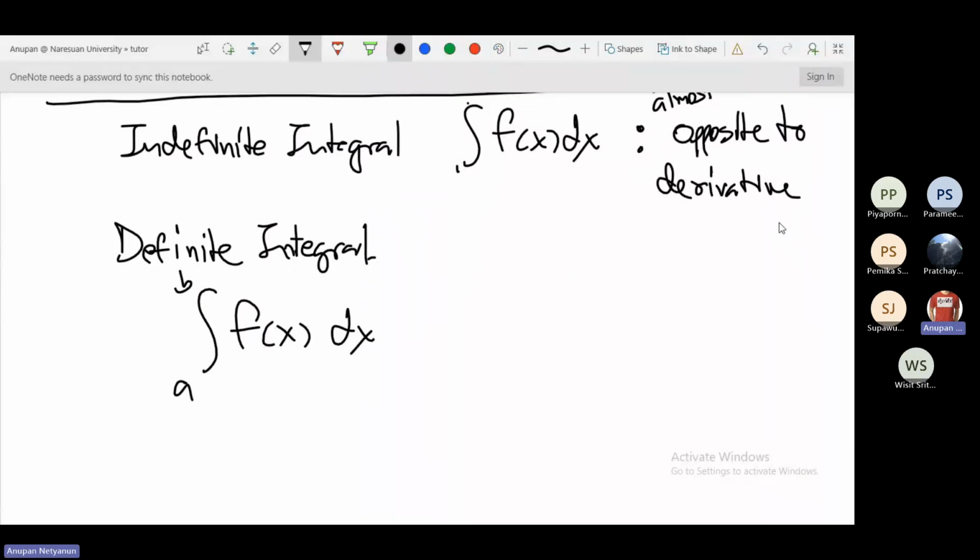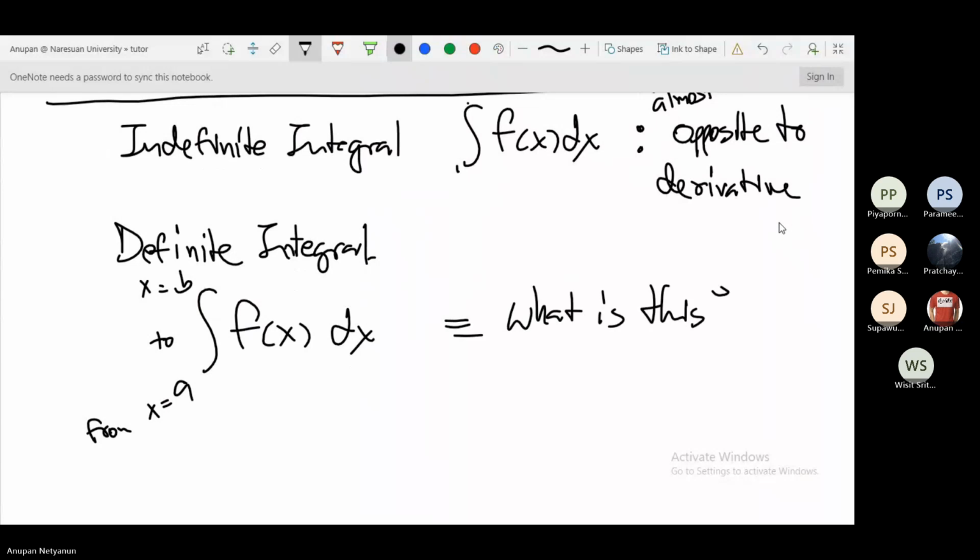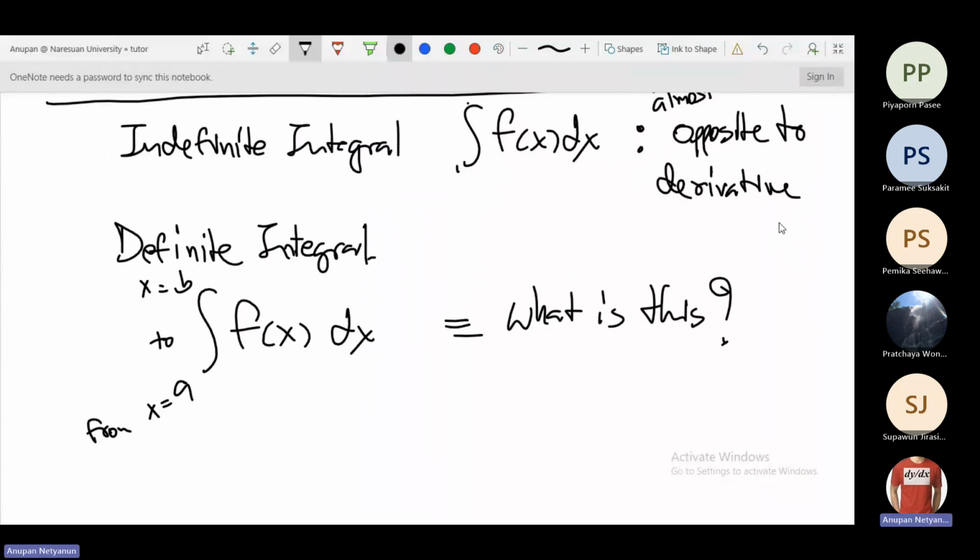So it is the integral from x equal to a to x equal to b. That is the meaning of f(x) dx. And first, what we want to know is, what is the meaning of it?